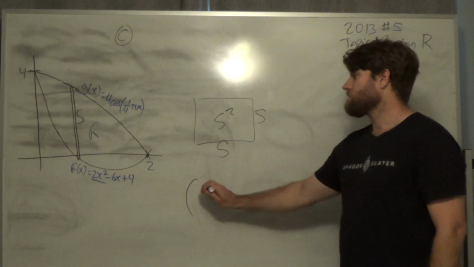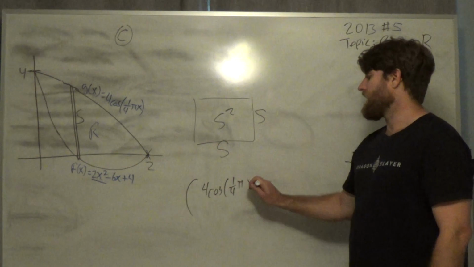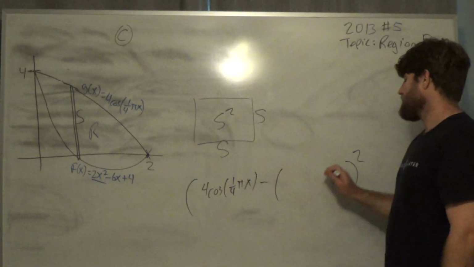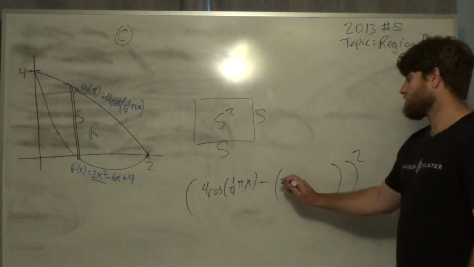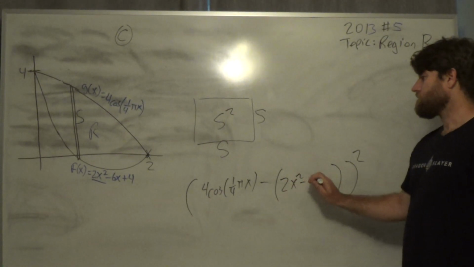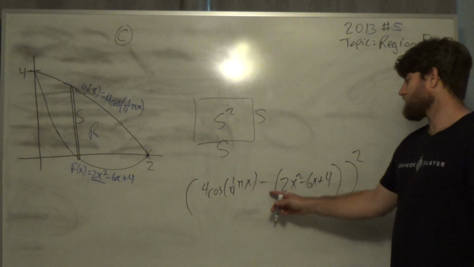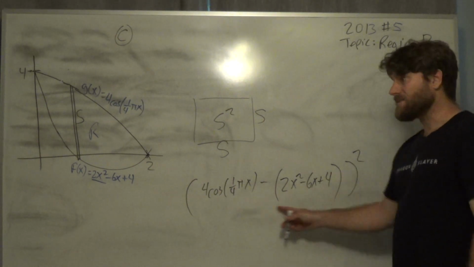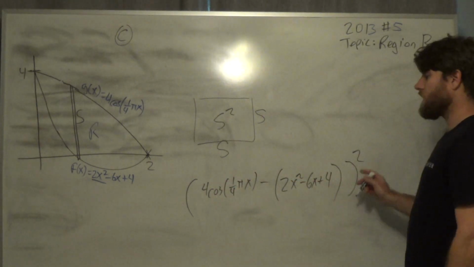Now, top equation, 4 cosine 1/4 pi x, that's top equation minus bottom equation, and the bottom equation is all of this. So that's top equation minus bottom, so that's s, and we need s squared, so s squared.